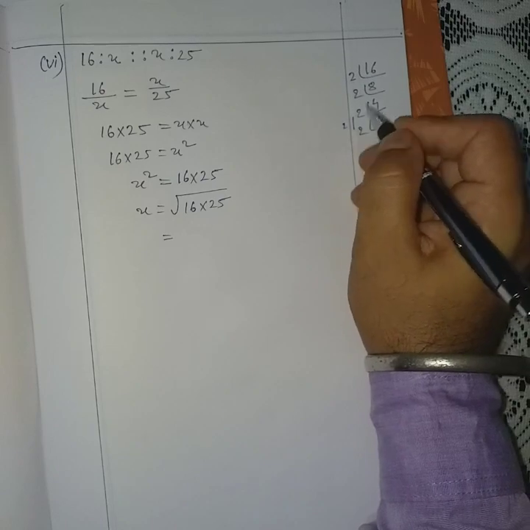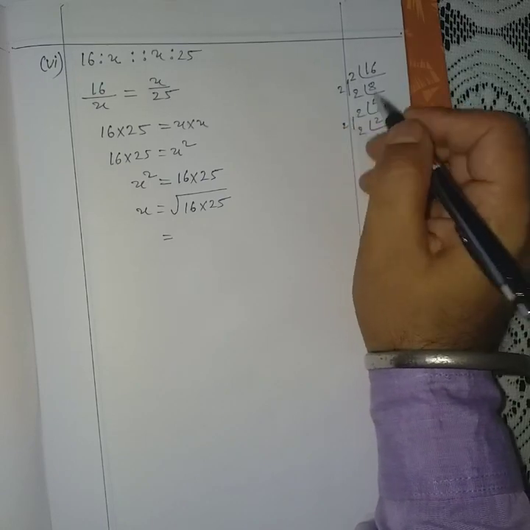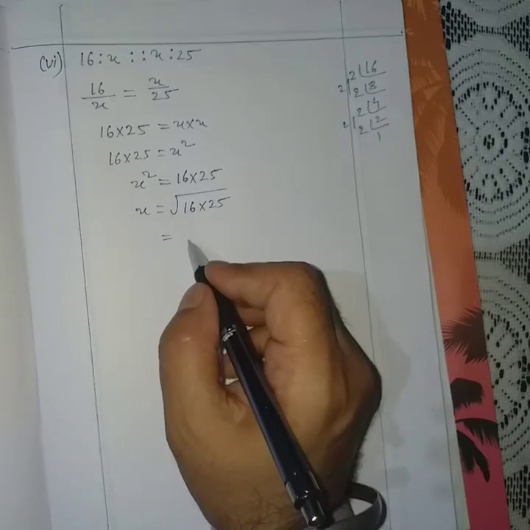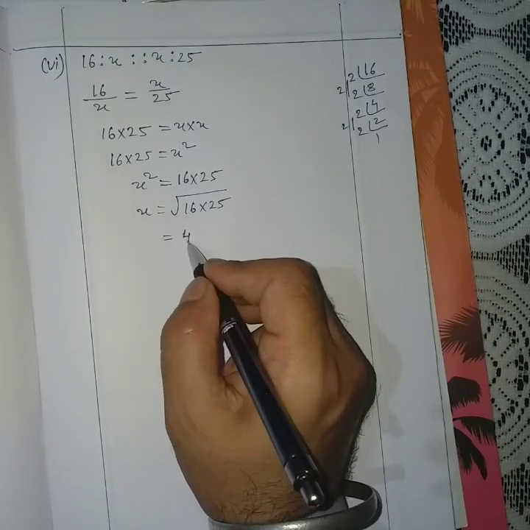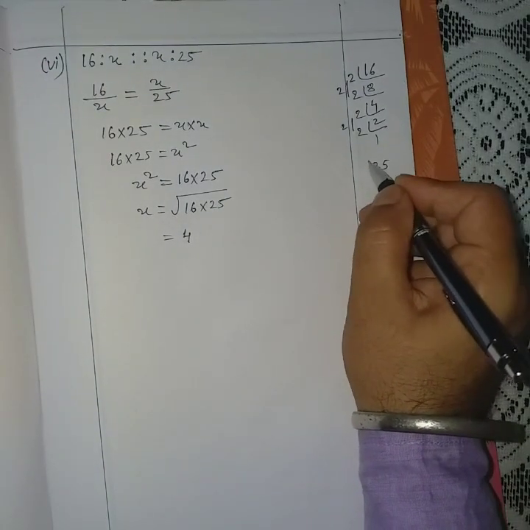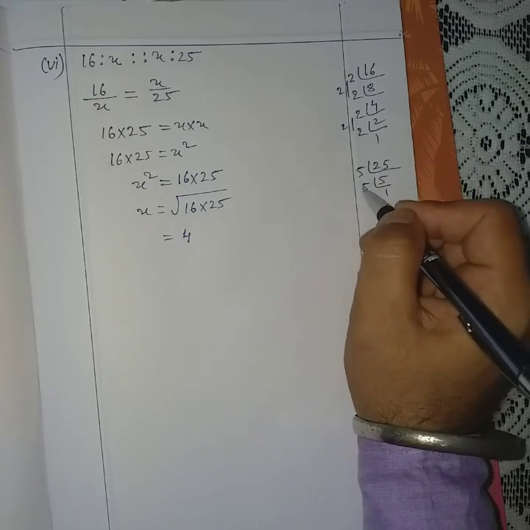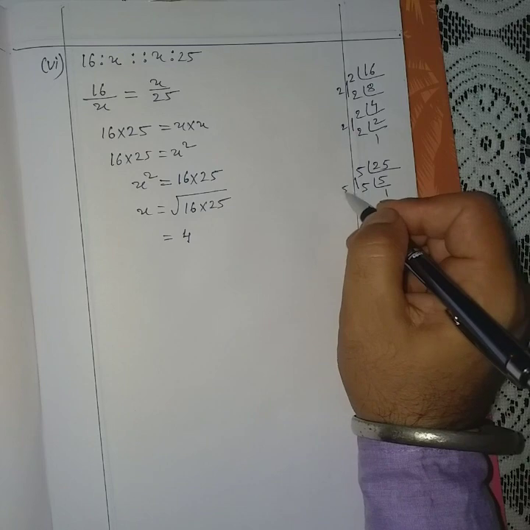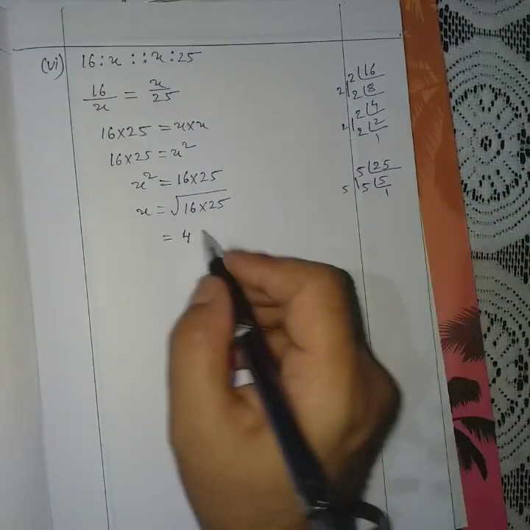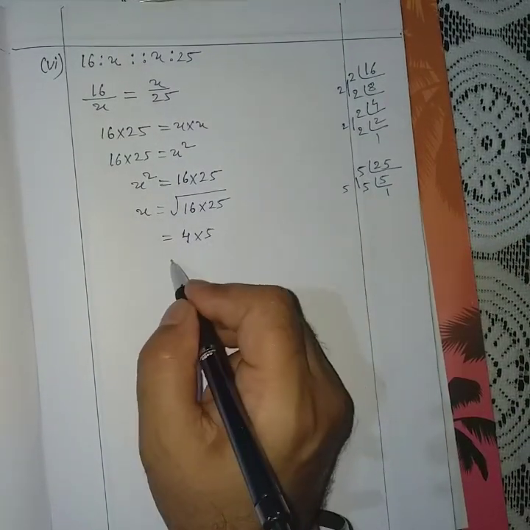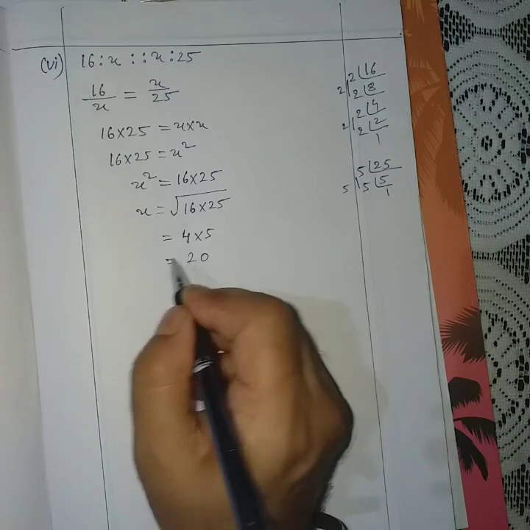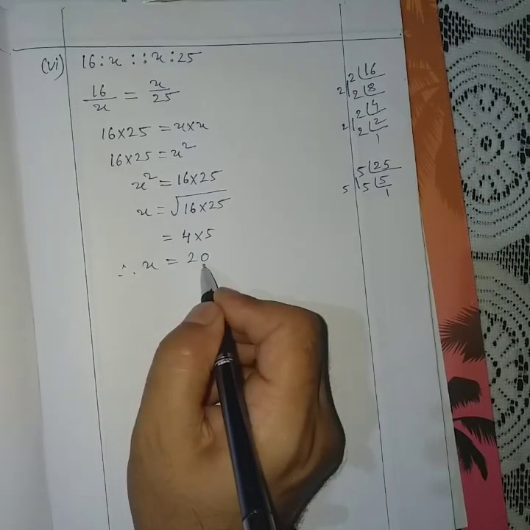For one pair, 2, for another pair, another 2, 2 2s are 4. So the square root of 16 is 4, and similarly 25, you can calculate, 5 5s are 25, 5 1s are 5. For this one pair, let us write 5. Square root of 25 is 5, so 5 4s are 20. Therefore x is equal to 20.